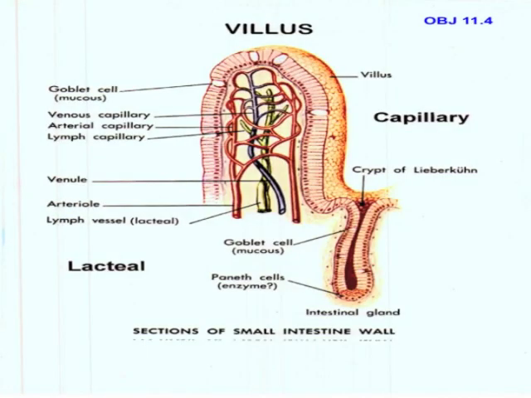This image depicts a cross-section of a villus. Note that there is only a one-cell barrier between the intestinal lumen and the bloodstream, which allows for greater absorption.